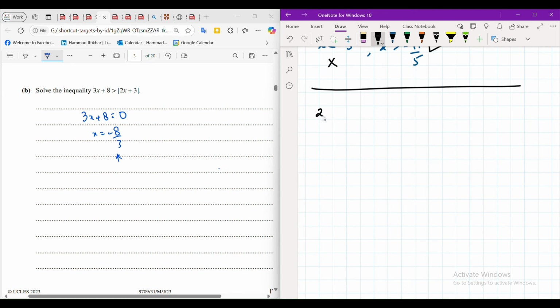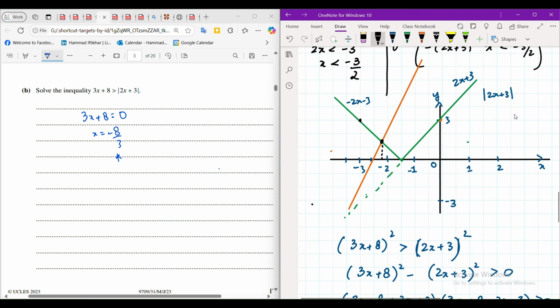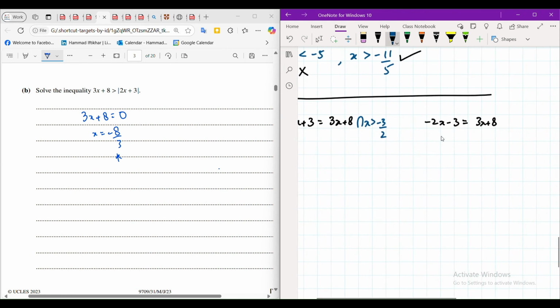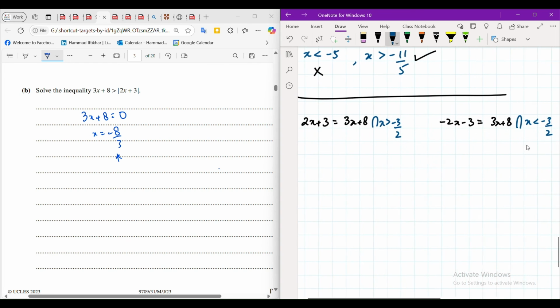So either 2x plus 3 will somewhere meet 3x plus 8, and minus 2x minus 3 will meet 3x plus 8 somewhere. However, 2x plus 3 exists after 3 over 2, and minus 2x minus 3 exists before negative 3 over 2. So if we solve them and see the intersection, maybe we'll get the answer more clearly.